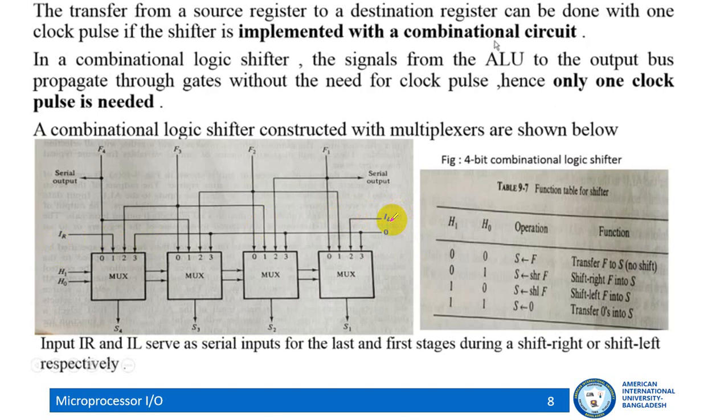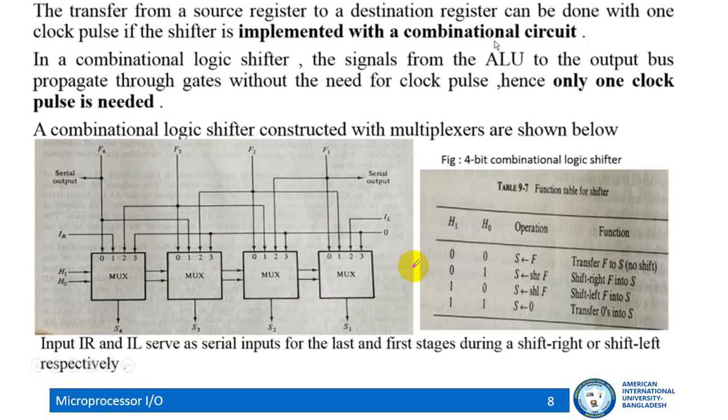And if the selection pins are 1, 1, then transfer 0. Look at over here, this 0 will be sent to the output. So, 4 ways. Let me summarize. First, when the selection pins are 0, 0, simply transfer this result to the output bus.